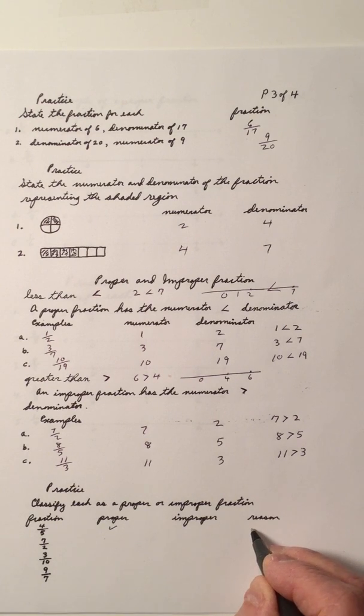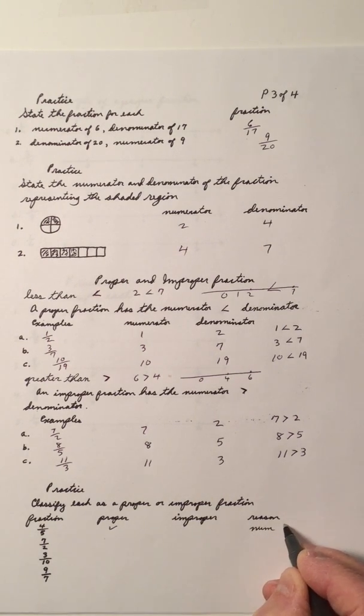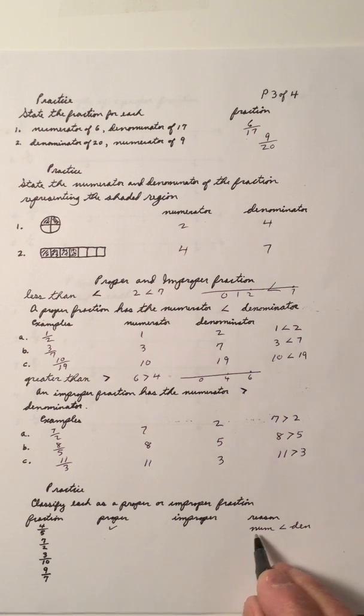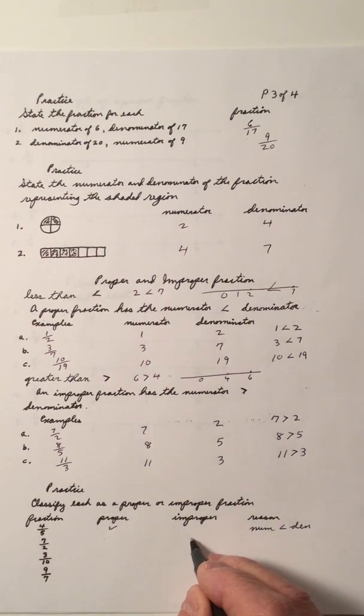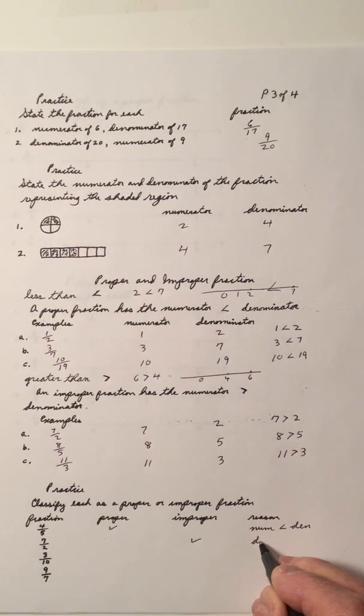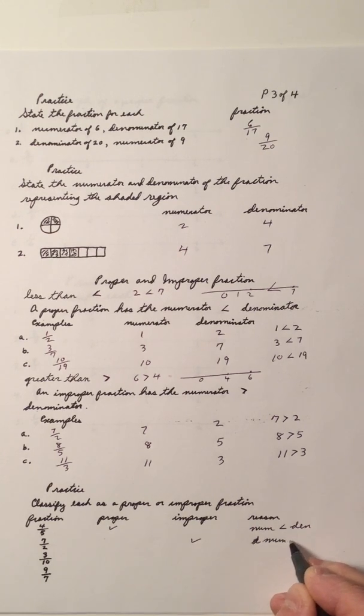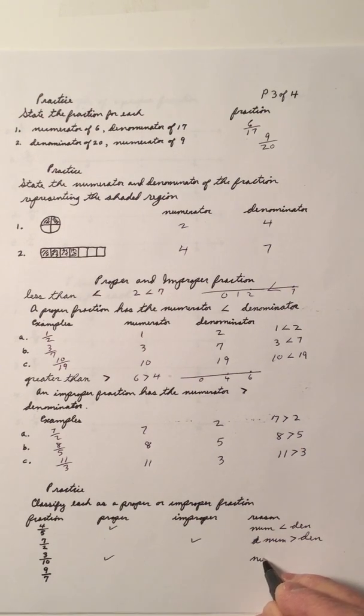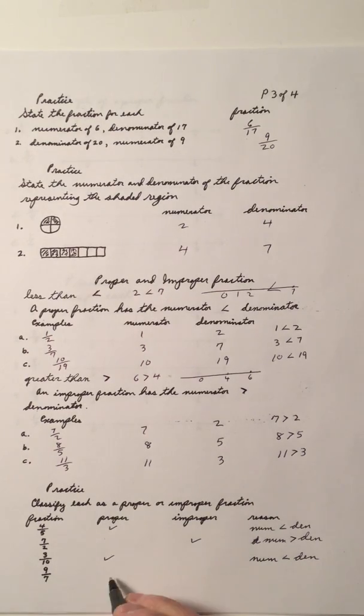Because the numerator is less than the denominator. 7 over 2 is improper because the numerator is greater than the denominator. 3 over 10 is a proper fraction because the numerator is less than the denominator. 9 over 7 is improper because the numerator is greater than the denominator.